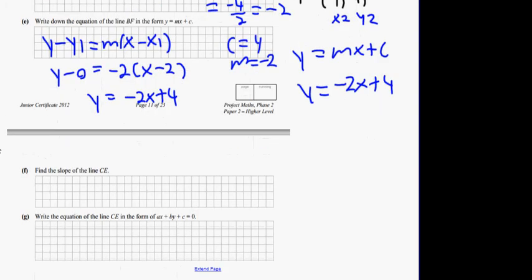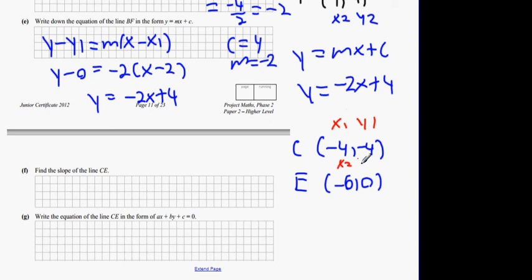Find the slope of CE. What's the point C? And the point E? What's point C? Minus 4, minus 4. And the point E? Minus 6, 0. Okay. y2 minus y1.